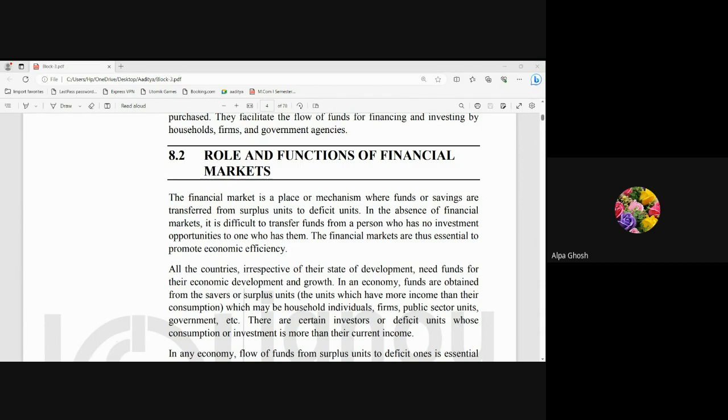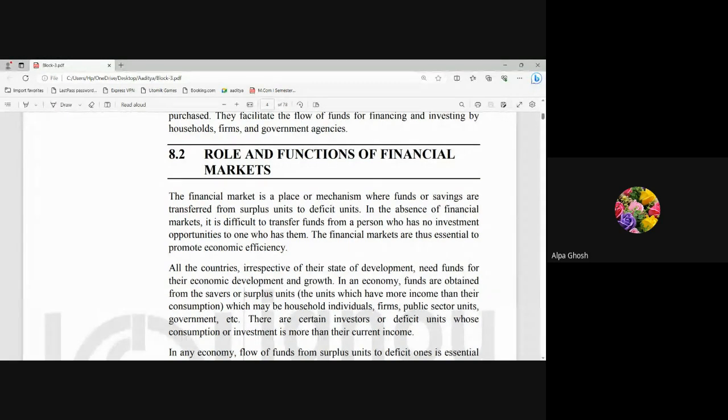This way the market works, and the savings of the surplus sector are transferred to the deficit sector.